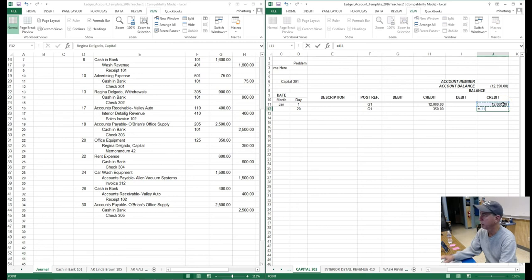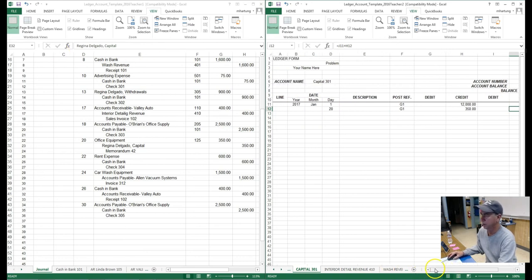Now we're going to add these credits. Credit and credit plus. So now we have a claim of $12,350 to the assets of this business. Or I should say that the owner does, Regina. That's her claim to the business. And that's account 301.